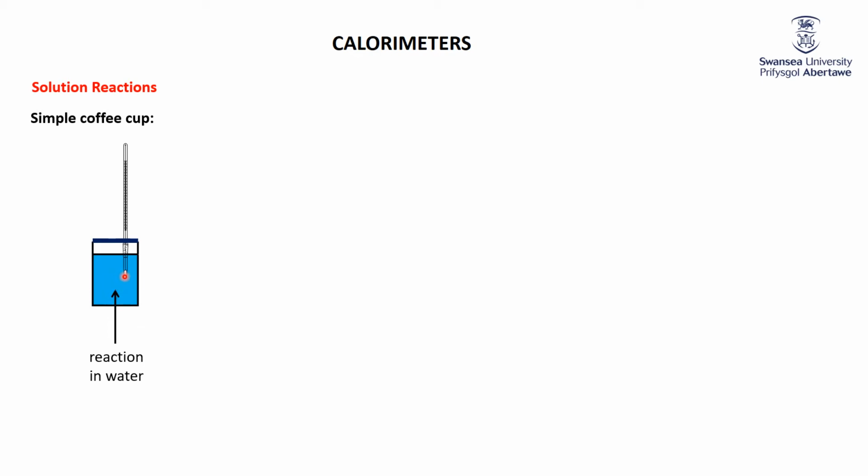So we measure the temperature change of the water. We also presumably know the heat capacity of the coffee cup, so we know how that temperature change has affected the coffee cup. Work out Q of the surroundings, just like we did in that last calculation in the last movie, and then we can get Q of the reaction.